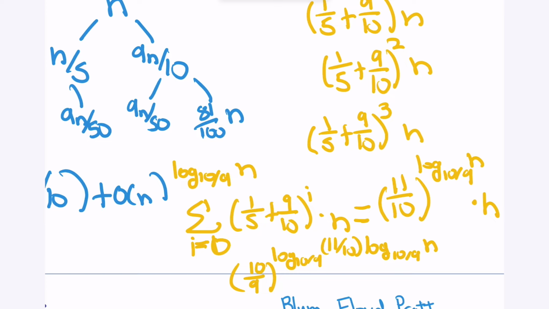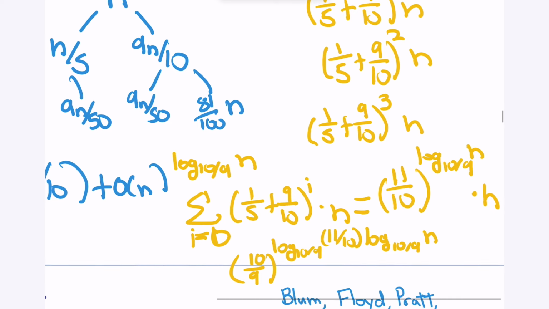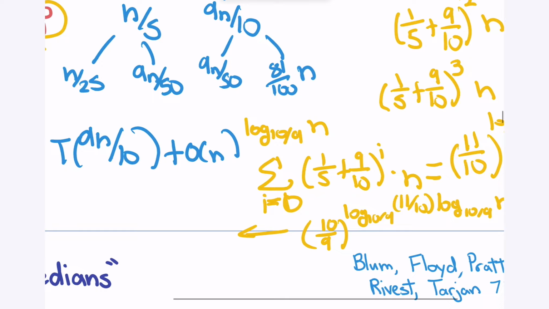So I can imagine this being on the inside and that being on the outside, right? But now what's 10/9 to the log base 10 over 9 of n? n. So now it's easier, I'll go this way. Then you're going to get something like n to the log base 10 over 9 of 11/10.